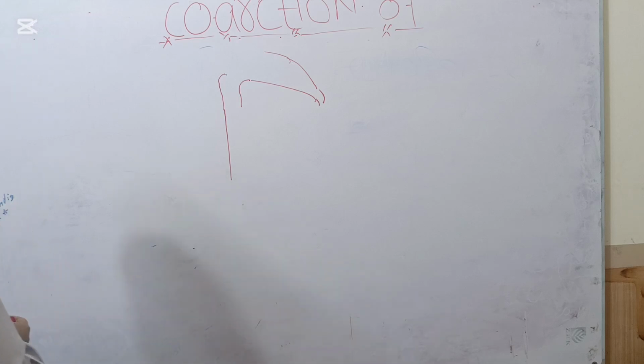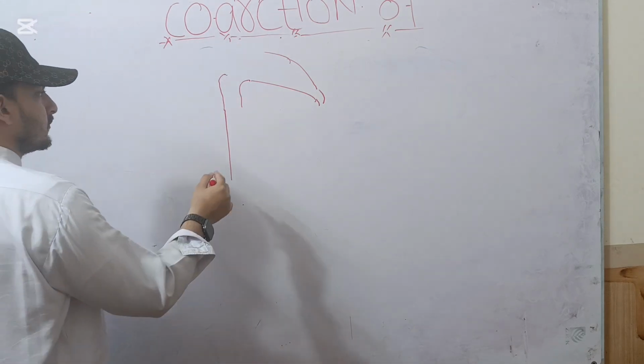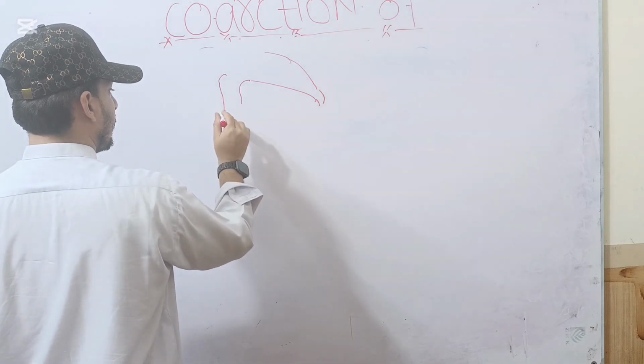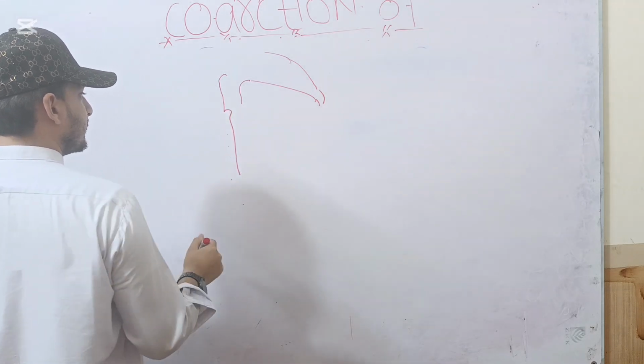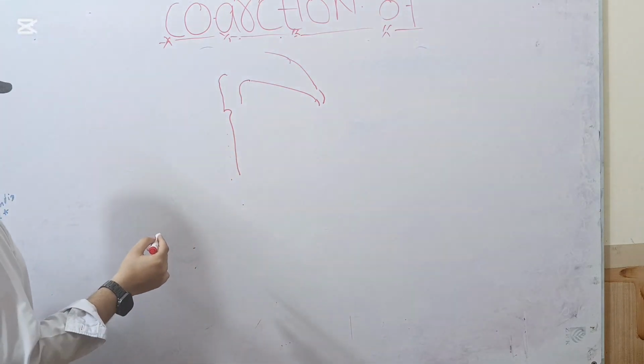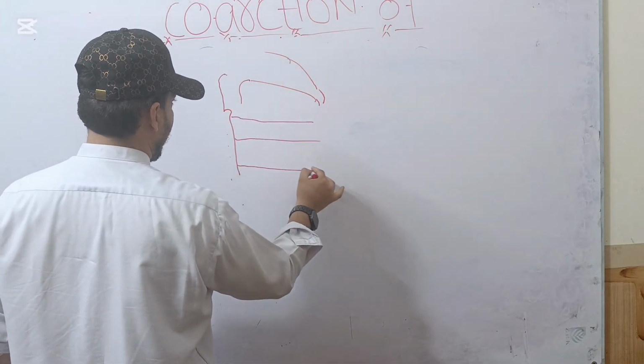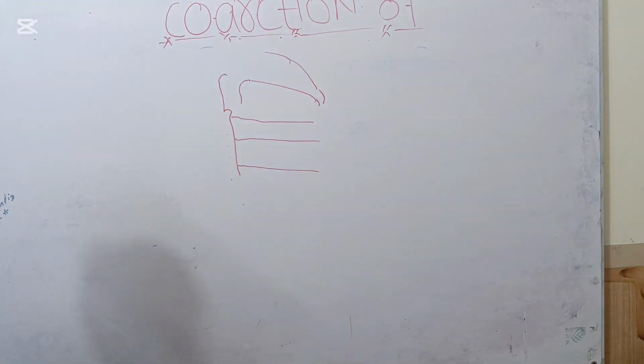The right subclavian artery will go to the internal thoracic artery, which will branch to the anterior intercostal arteries.